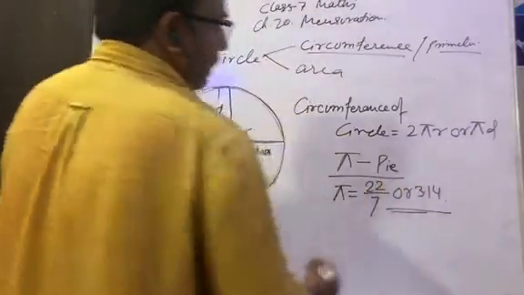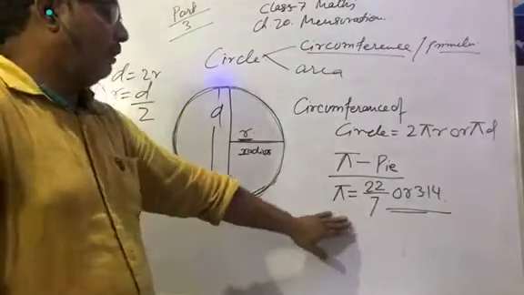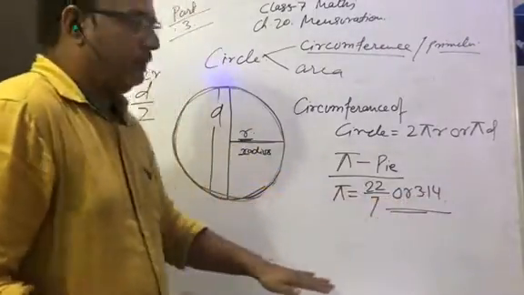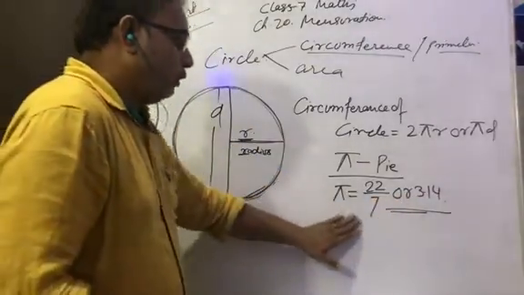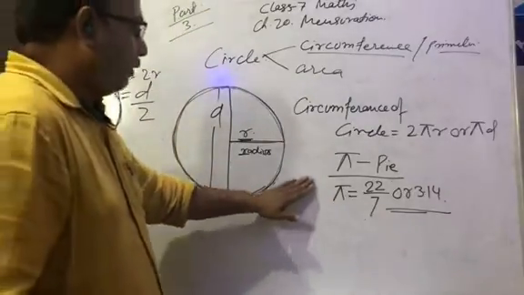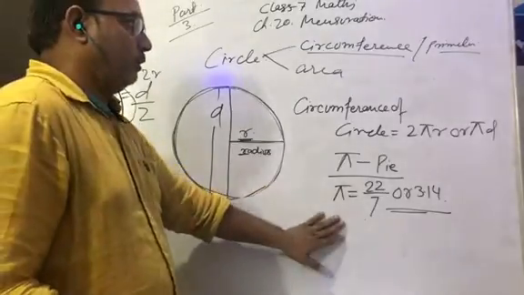These are the two values we can use for pi. You can use either of these values, or sometimes the value of pi is given in the question also.